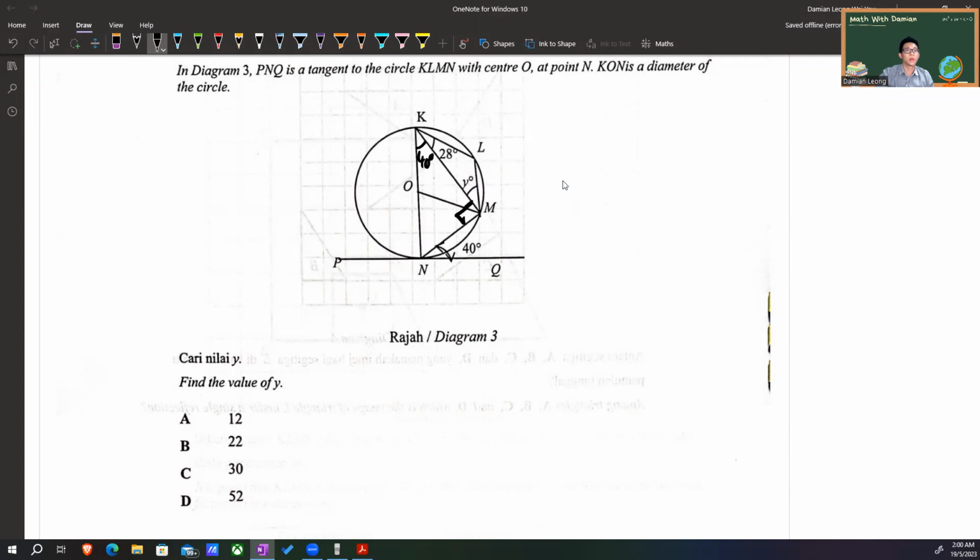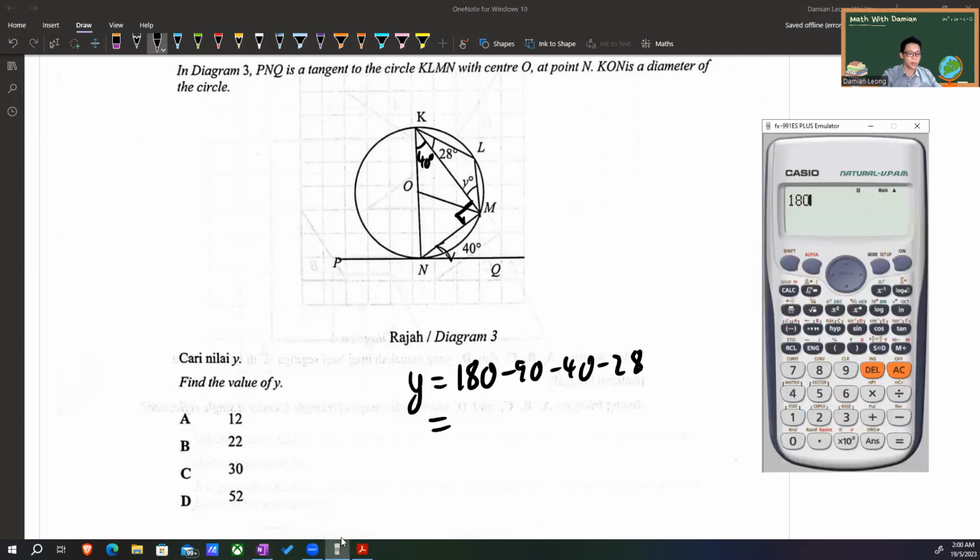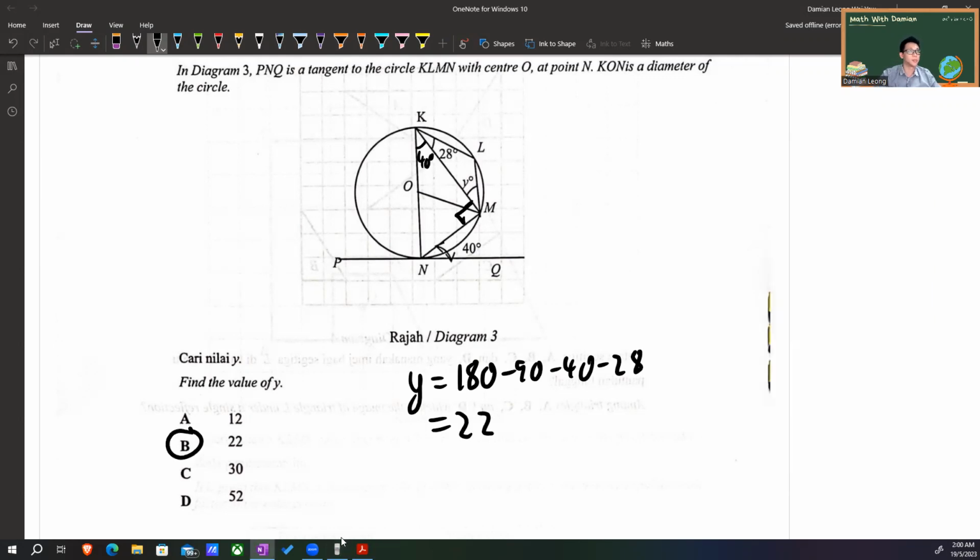Basically, all of them add together would be 180 because this whole thing is a cyclic quadrilateral. So opposite interior angles add up to 180. So Y will be 180 minus 90 minus 40 minus 28. Okay, 180 minus the other three angles. So 180 minus 90 minus 40 minus 28, I get 22. Answer B.